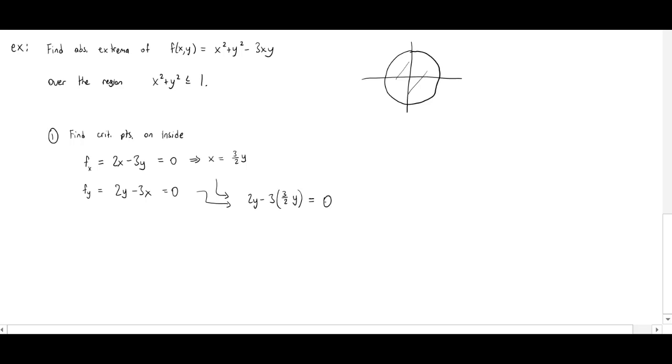Okay, so you get 2y minus 9 over 2 y is 0. So if I make this a 4 over 2, it's negative 5 over 2 y equals 0. But then that would just force y to be equal to 0.